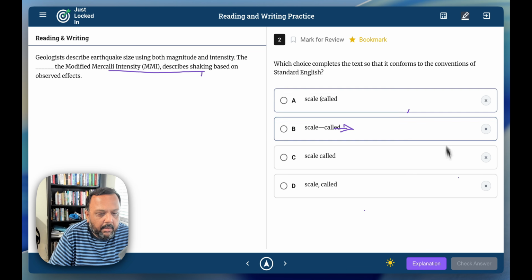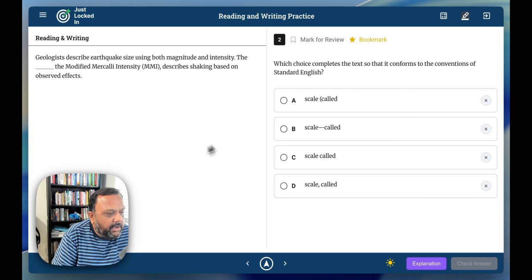Okay, all right. Geologists describe earthquake size using both magnitude and intensity. The scale, called the modified Mercalli intensity, describes shaking based on observed effects. So the sentence here is: the scale describes shaking based on observed effects.